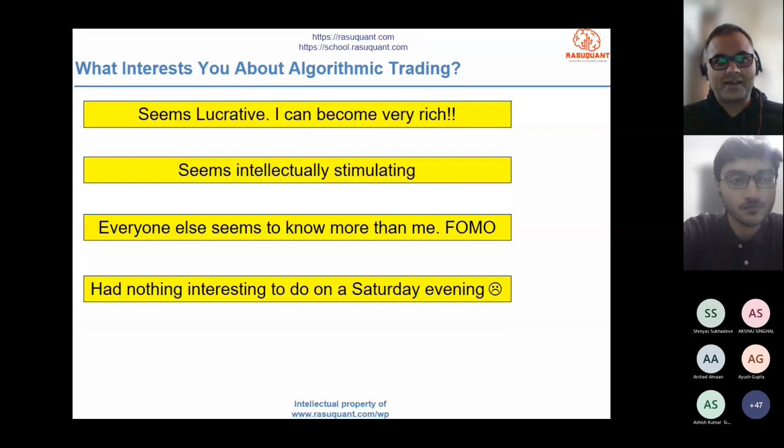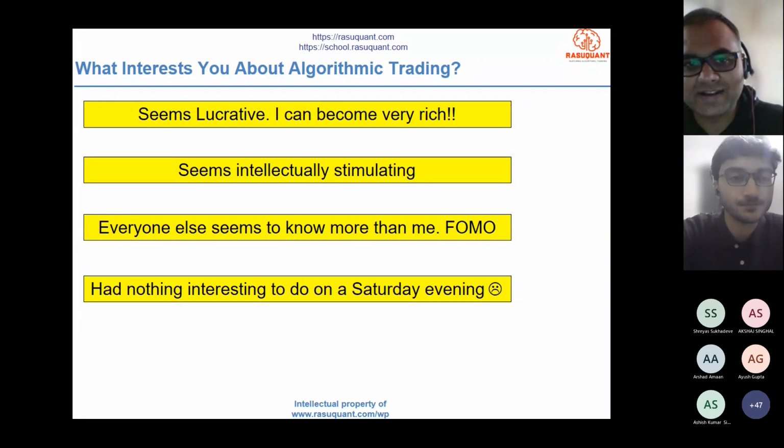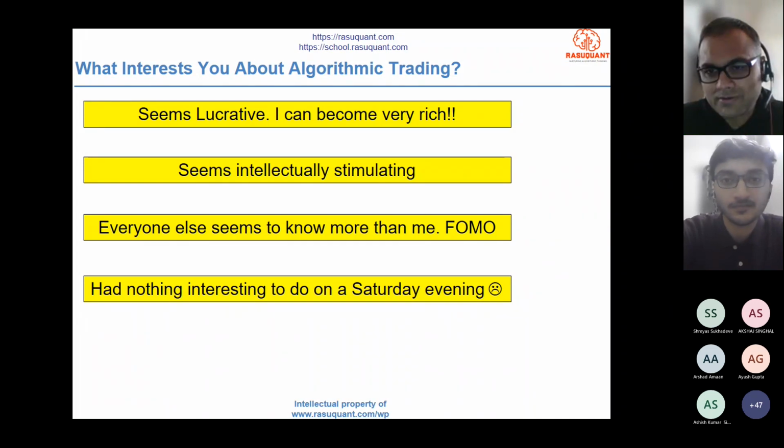I was told that more than 100 people registered for this session, and that's pretty encouraging, because in my undergrad days we had absolutely no idea what algorithmic trading is. We knew about investment banking, but we didn't know that algorithms could be used to automate the entire trading life cycle, and that engineers are hired in this field as well.